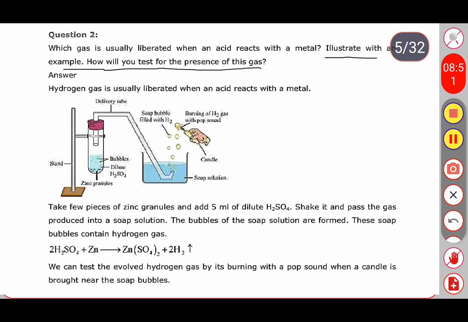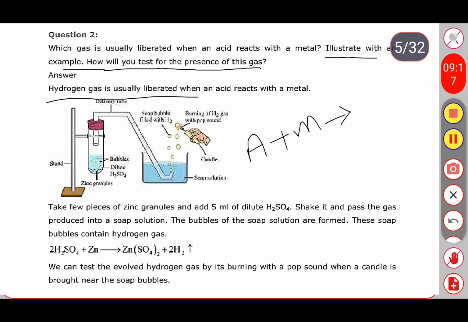In the previous slide we already learned that whenever an acid reacts with a metal, it always forms a salt, along with hydrogen gas being liberated. So hydrogen gas is usually liberated when an acid reacts with a metal.